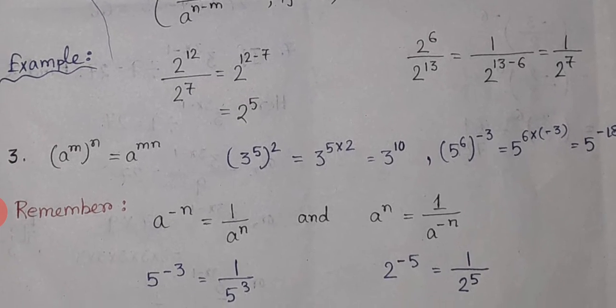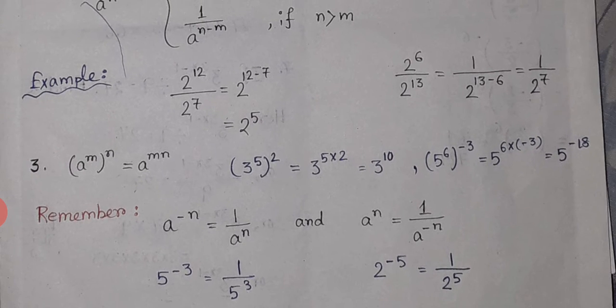Now coming to the third law. The third law says a to the power m whole to the power n is equal to a to the power m into n. For example, 3 to the power 5 whole to the power 2 equals 3 to the power 5 into 2, and this equals 3 to the power 10.